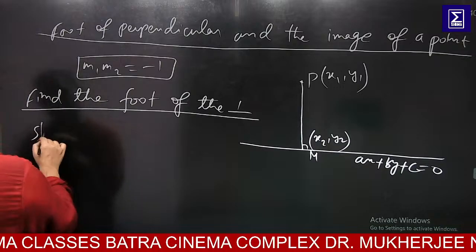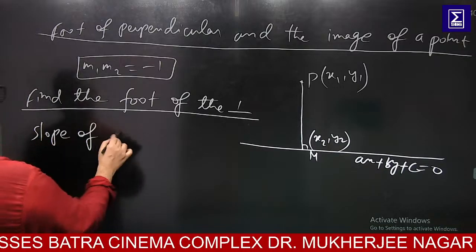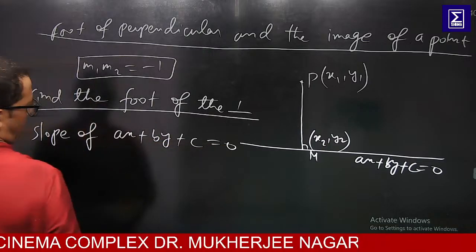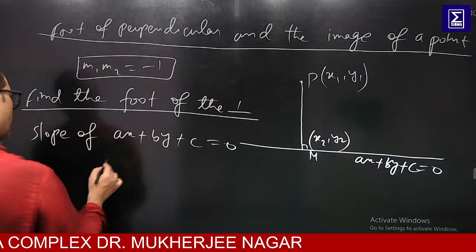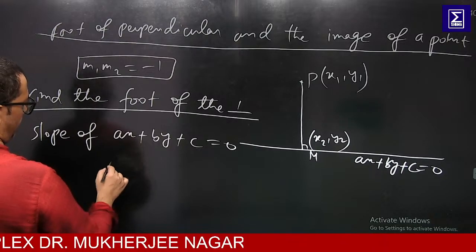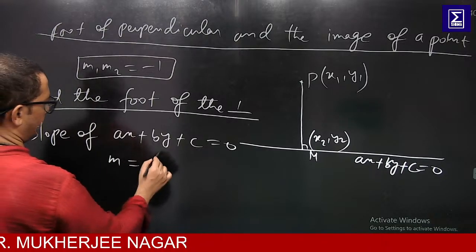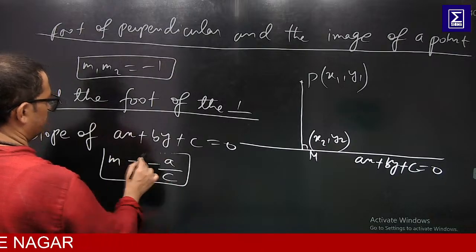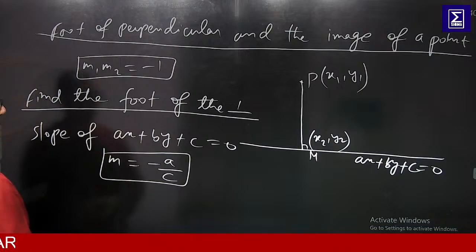So slope of ax plus by plus c is equal to 0 is nothing but, we have m is equal to minus a over c. This is the slope. How?